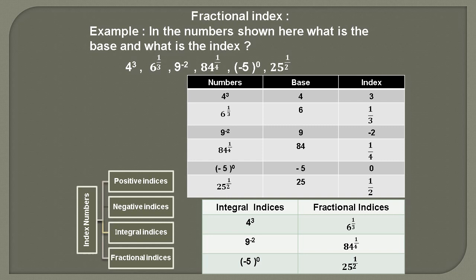How will you classify these index numbers? Index numbers are classified as positive indices, negative indices, as well as integral indices or fractional indices. As you can see here on the screen, how to write integral indices or fractional indices.